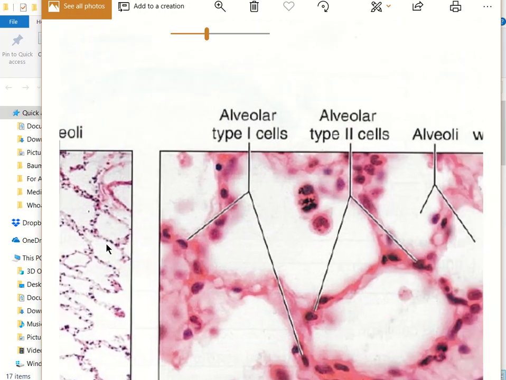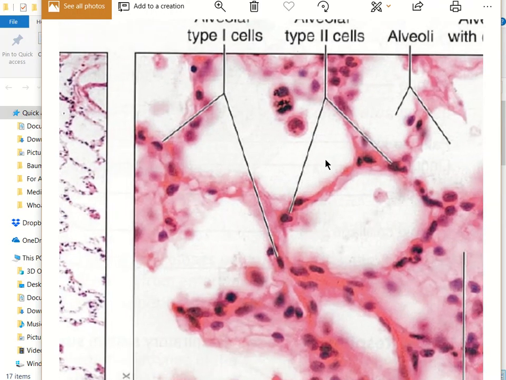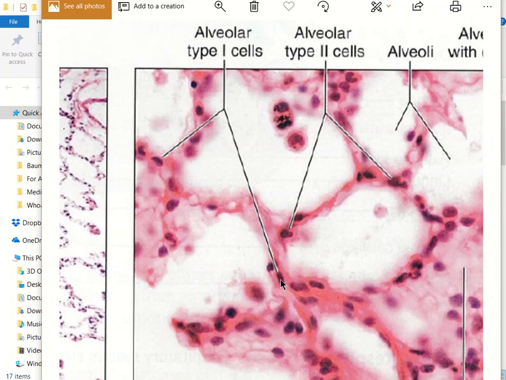So you can see here, and I'm sure they're going to find you a picture that's a little easier to see than this, but you can kind of tell based on where the nuclei are and based on how squished and flattened these cells are, these are going to be your type 1 cells, your simple squamous epithelial cells, and then the type 2 are much more cuboidal, and they're going to be much more dispersed, right?